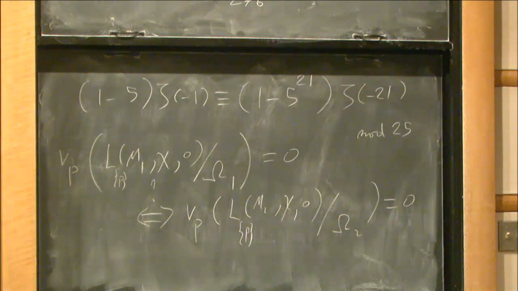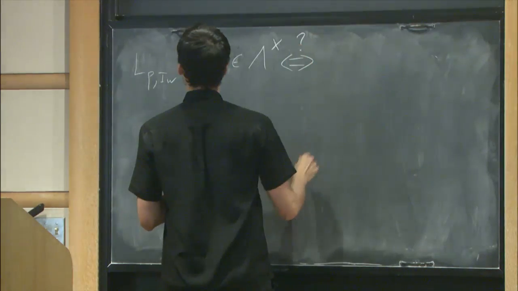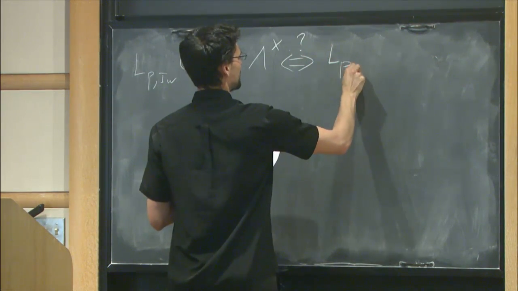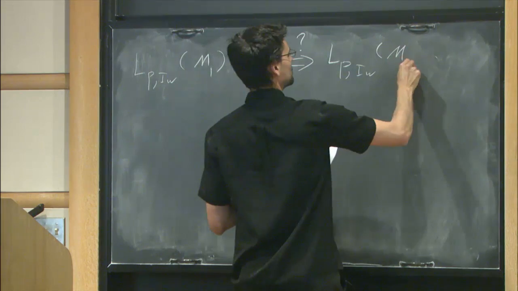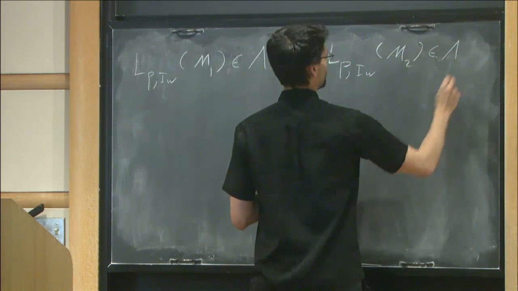And sometimes we can package all these characters together, because sometimes motives have a p-adic L function. So this is the case for the elliptic curves on this board, for instance. And in that case, you could ask, is it the case that the p-adic L function of one is a unit in the relevant Iwasawa algebra if and only if the p-adic L function of the other is a unit.